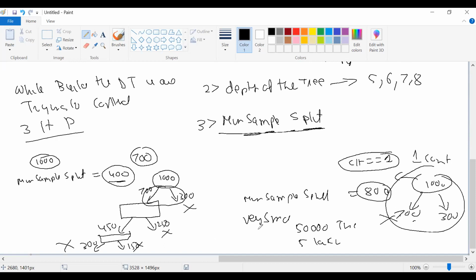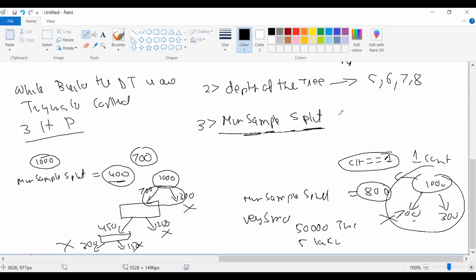So for minimum sample split there is no fixed right or wrong value. It will always depend upon the total base you have. If the base is big, the minimum sample split you can take can be very high also. And if the total base is very small, then you may have to take a very small number. But whatever number you take, it will definitely have some impact on your model.